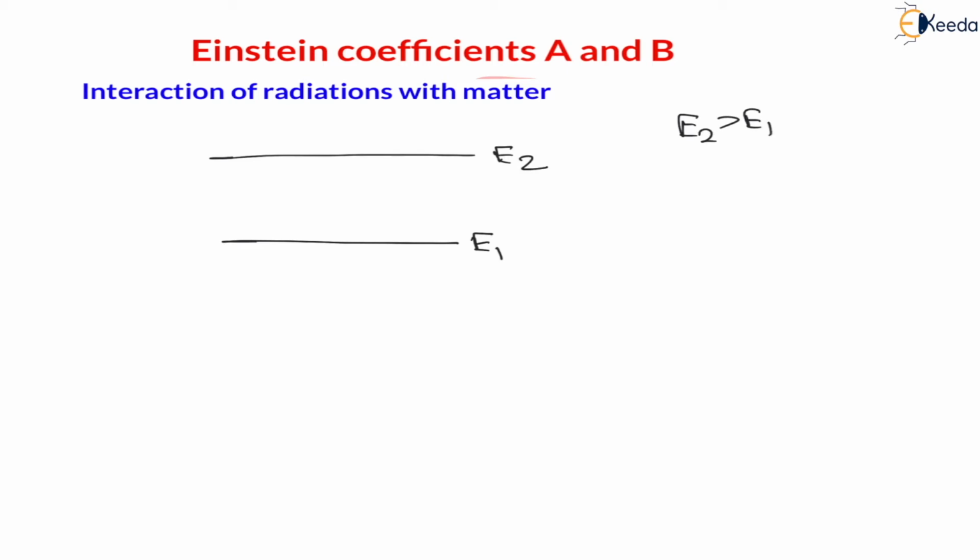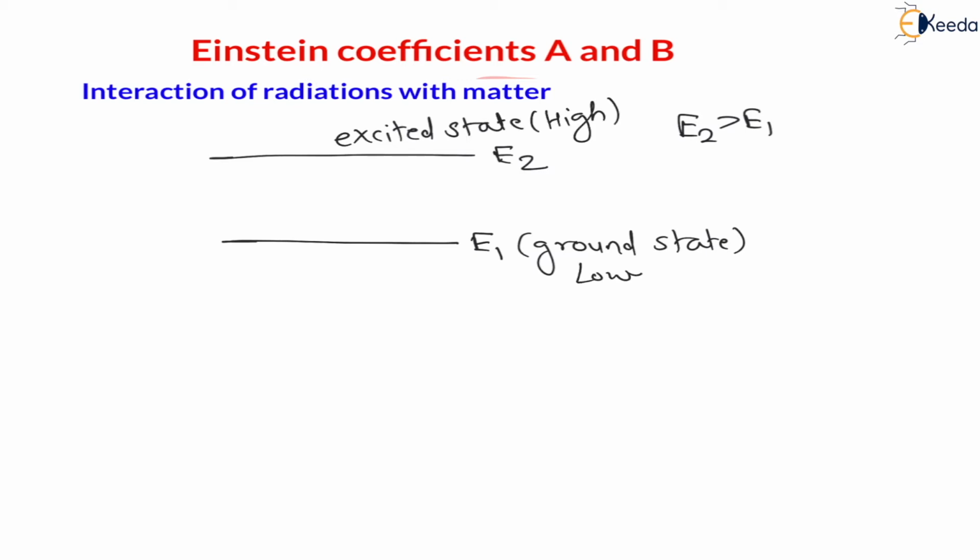Therefore this E1, having lower energy, is called the ground state, or the more stable state. This E2 is higher energy, therefore it is an excited state, or higher state, or higher level of energy. And this is a lower level of energy or lower state.